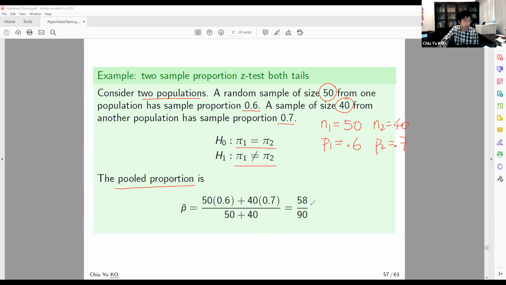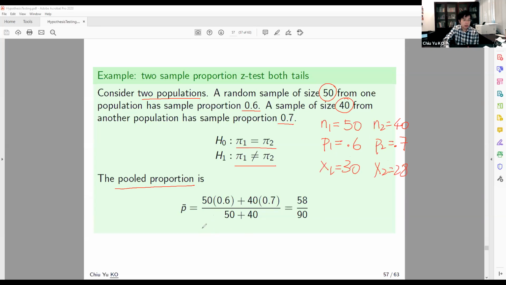The first step is to calculate the pooled proportion. Here x1 is how many, 30, because x1 is p1 times n1, and x2 is 28. You can use the formula we have here.